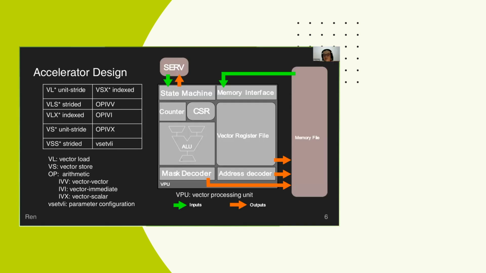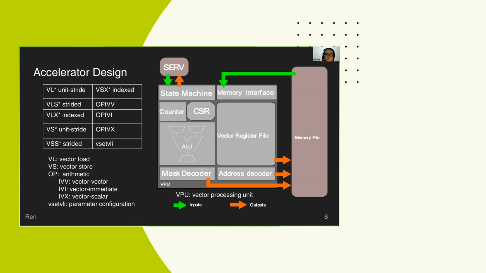Yeah, thank you, Isaac. There are about three opcodes and 16 instructions in the vector extension, and we have tried to support 8 of them, and they are the unit stride, stride and index for both load and store for vectors.